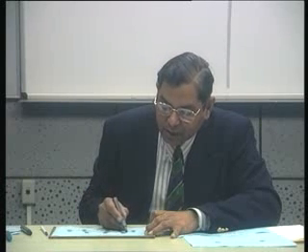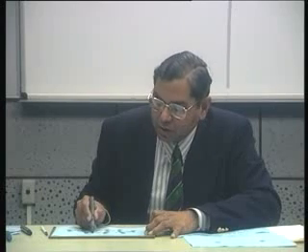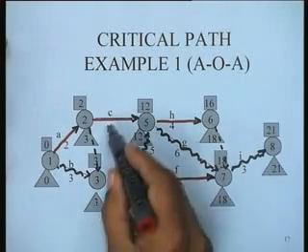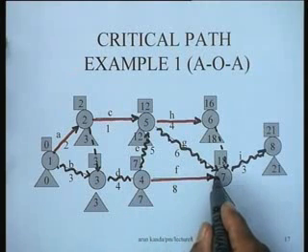So this is not a critical activity, this is also not a critical activity, this is also not a critical activity, and as far as the real activities are concerned, these 4 activities are not critical, and yet this is an activity joining two critical nodes.